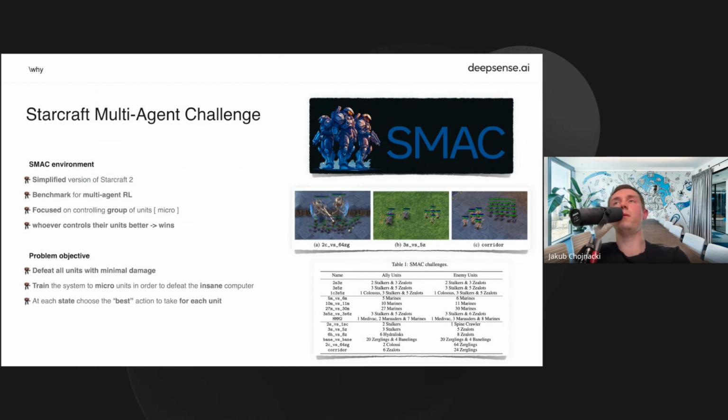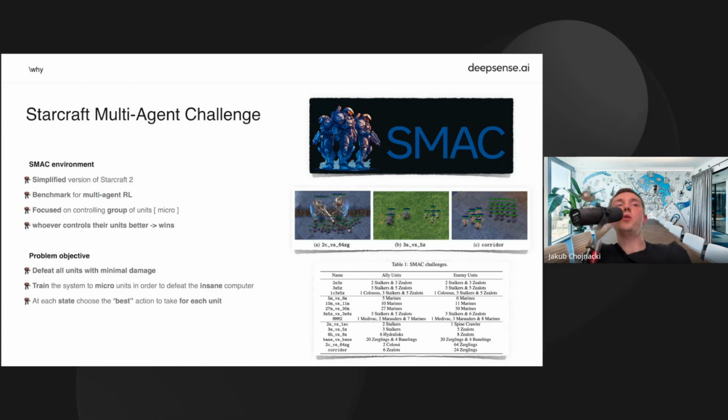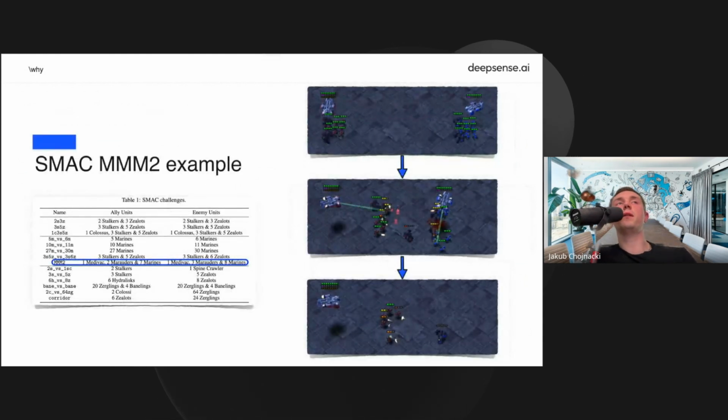And so our role as developers is to train the system to micro every unit such that it would defeat the insane computer, which is the hardest computer in StarCraft 2. At each state, you would want to choose the best action for each unit in order to solve that problem. For instance, you can see that an environment like MMM2 presents two groups of units, which are Medivacs, Marauders, and Marines.